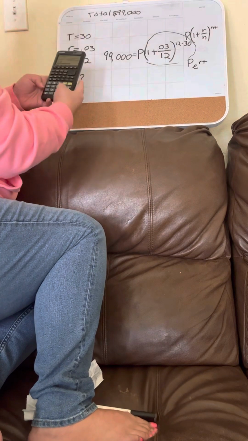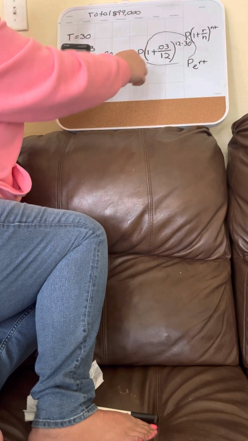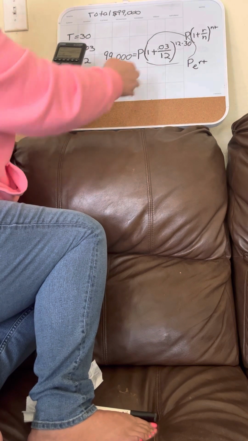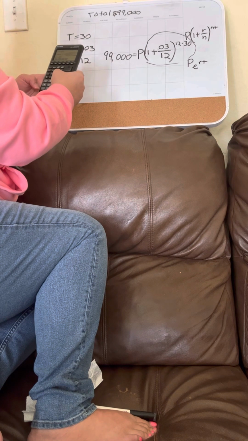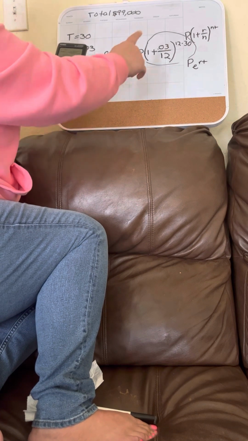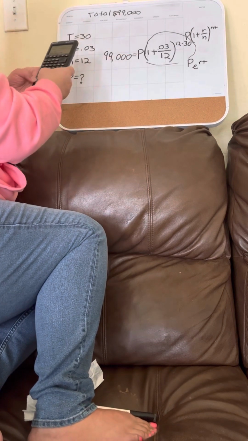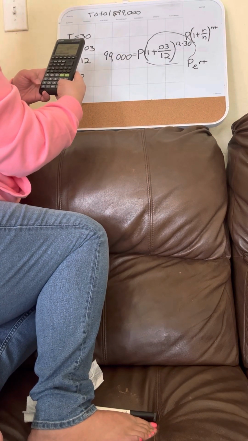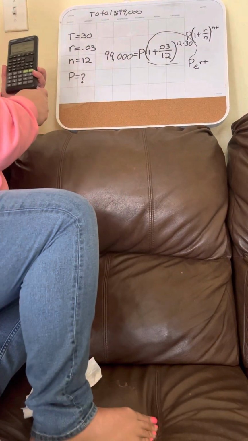The top of the fraction is 0.03, and the denominator of the fraction is 12. I'm going to close my parenthesis, and raise this all to the 12 times 30 power, equals.